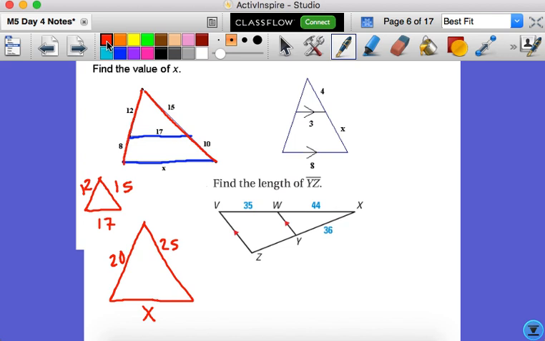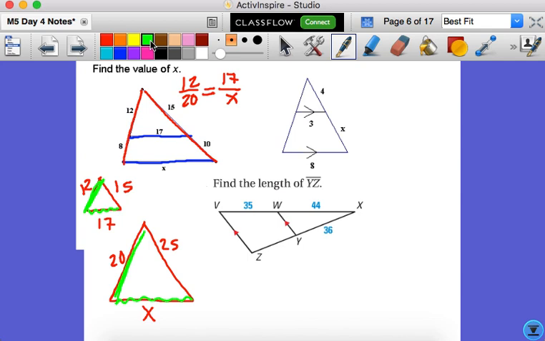So I can set up that 12 over 20 should equal 17 over x. And as long as we're consistent in how we form those proportions, we should end up with a true statement.